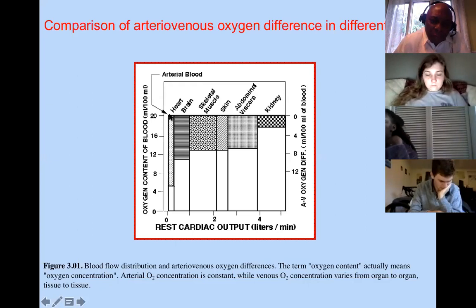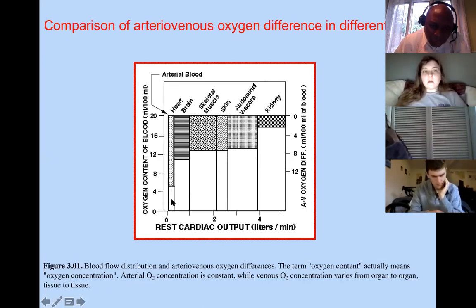So we're focusing on the heart. If you look at the heart here, out of a total of 20, you will see that this is like 14 out of 20. And so this part that's not shaded is 6.